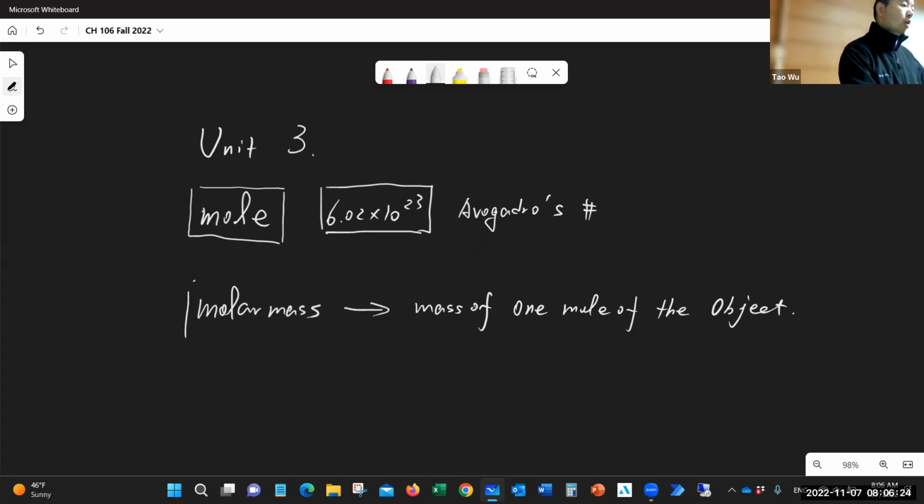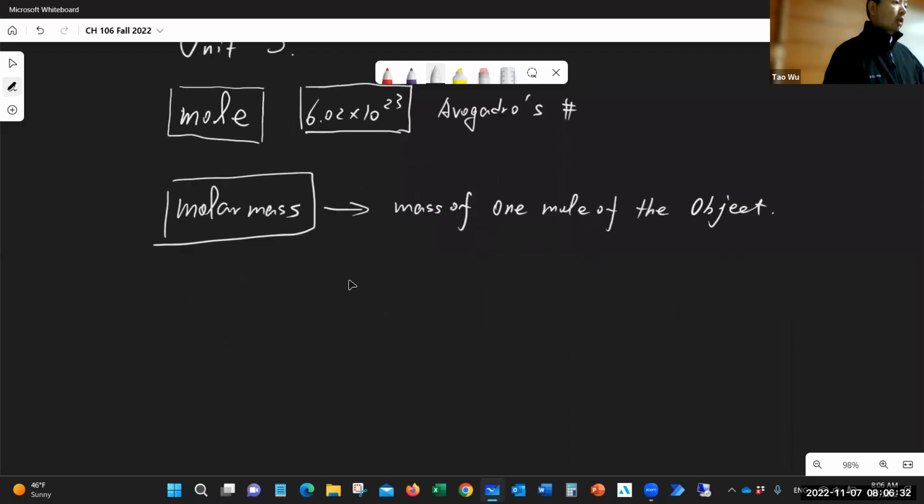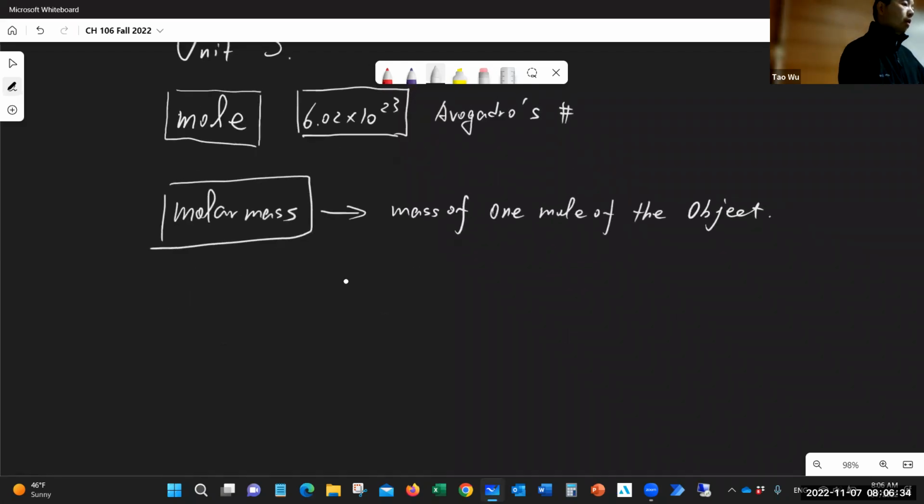Okay, so you can find the molar mass from the periodic table. And we also talk about the molar mass of a compound.